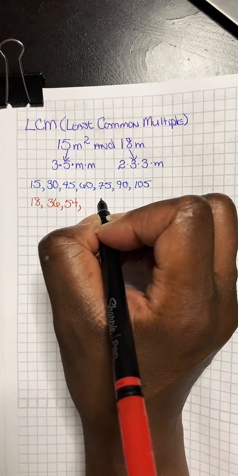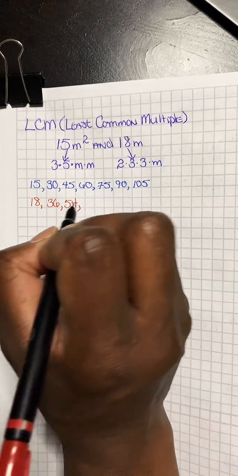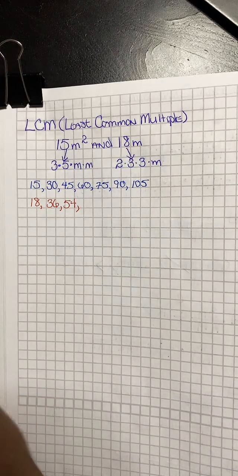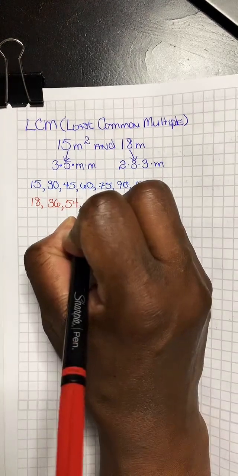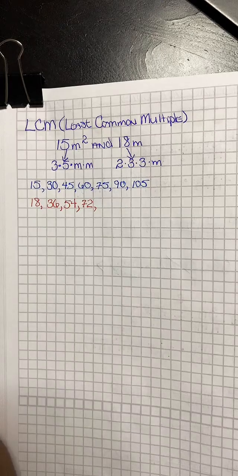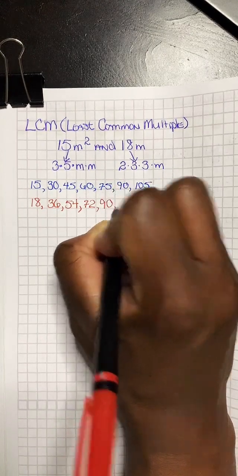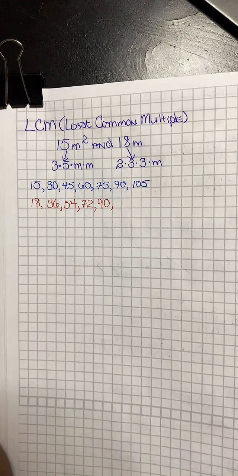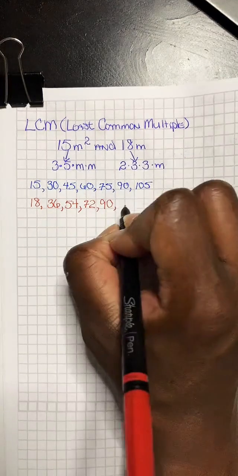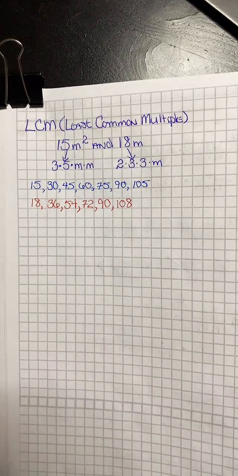Okay, 54 plus my 18, plus my 18. Times 6 gives 108. I'm going to stop right here. So I could keep going.